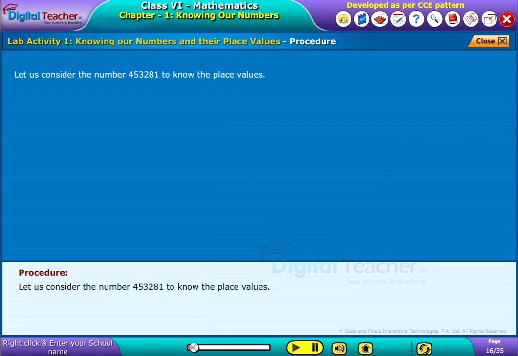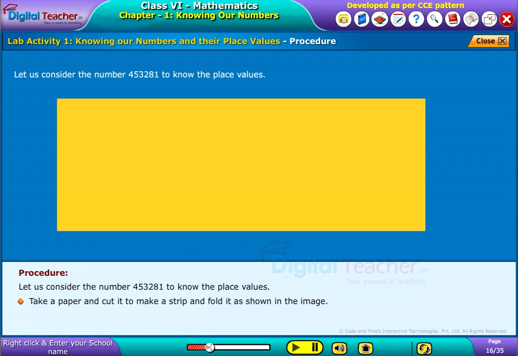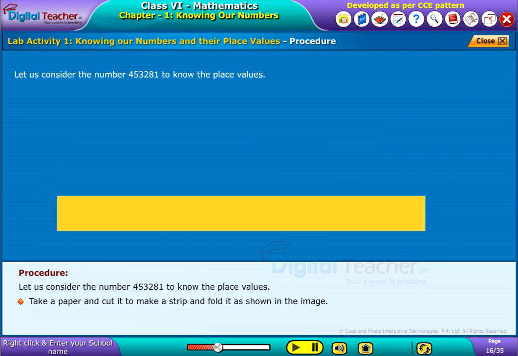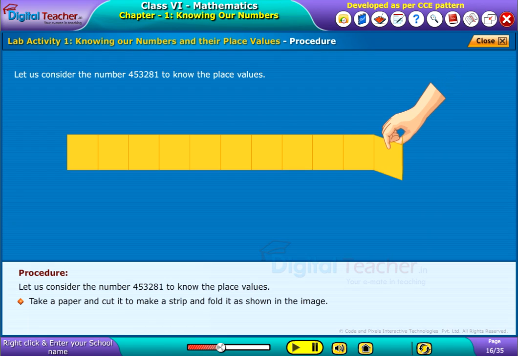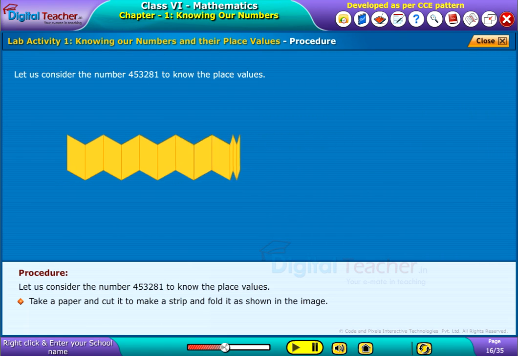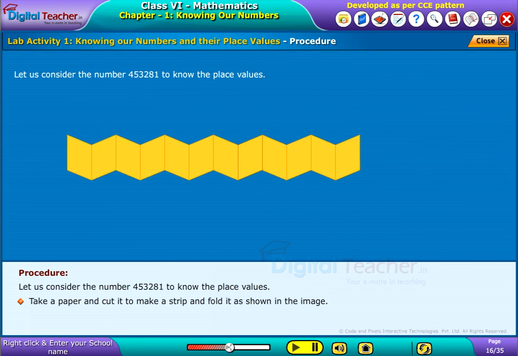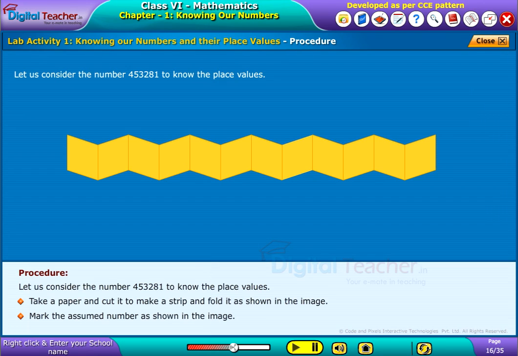Let us consider the number 45328 to know the place values. Take a paper and cut it to make a strip and fold it as shown in the image. Mark the assumed number as shown in the image.